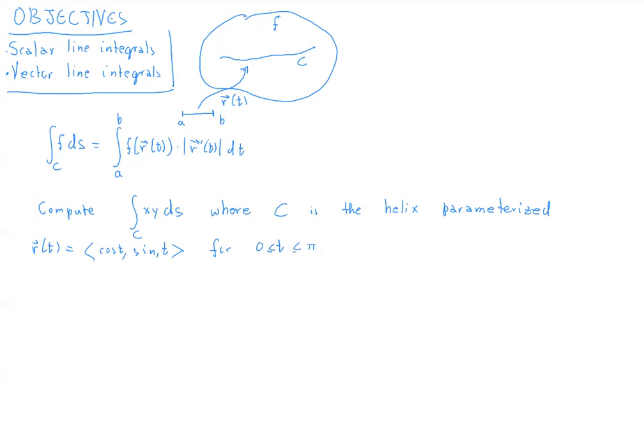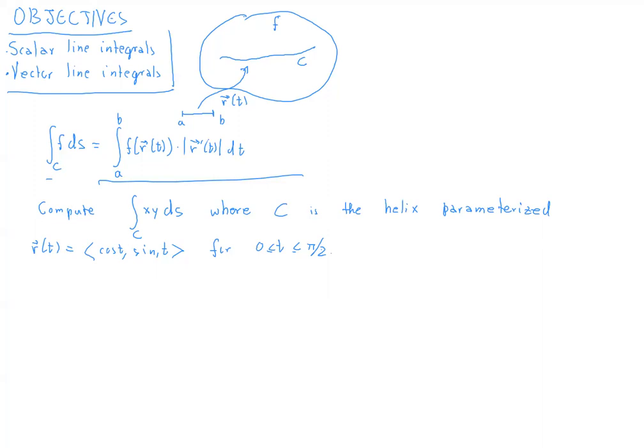Okay, so this is what we would like. Let's make this pi over 2. This is what we would like to compute. And obviously, there would have been a geometric way to actually describe this helix, but this way all we need to do is just apply this formula.